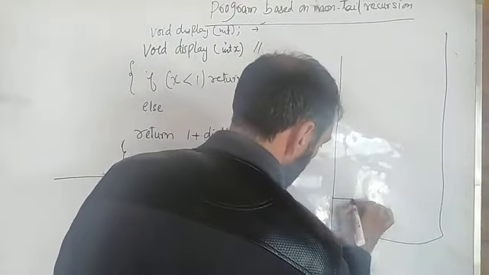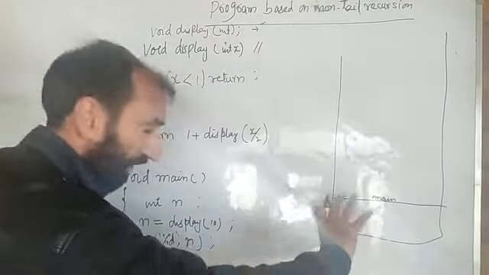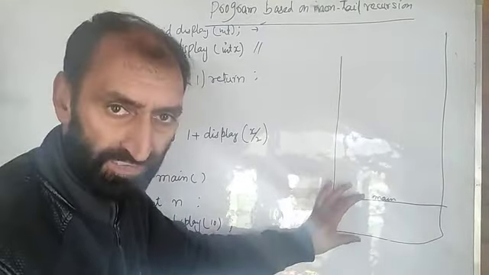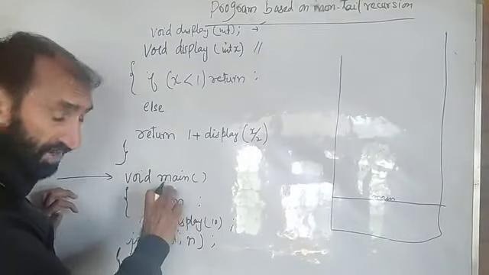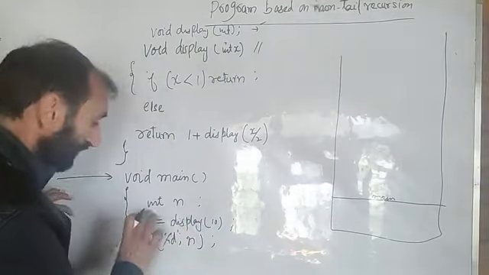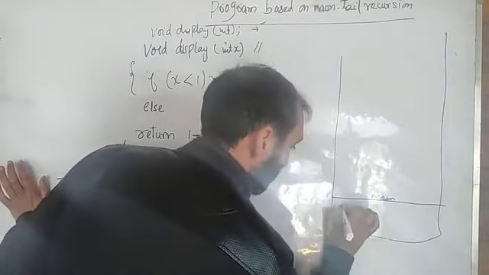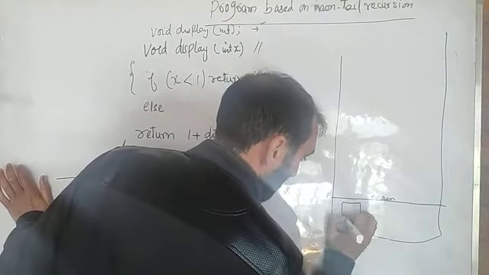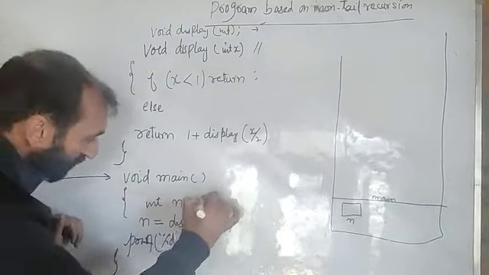For example, this is the main activation record. In this function, it has a local variable n.